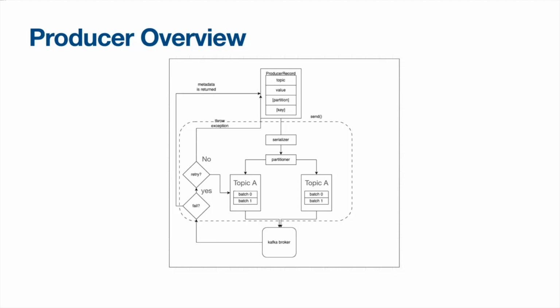Once this future object is returned, your client will read the metadata, and in case it is a retriable error, your producer record will be resent to the Kafka cluster. If it is a non-retriable error, then an exception will be thrown through this future object.